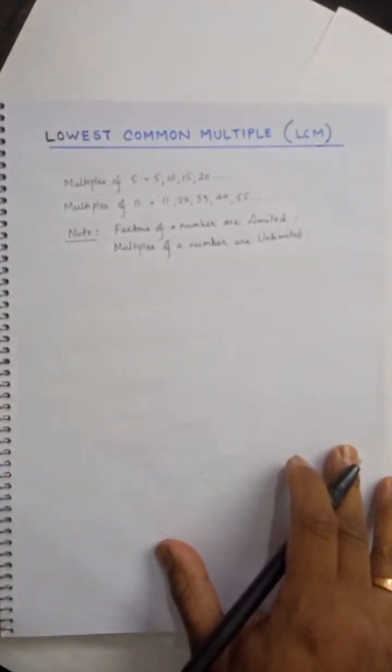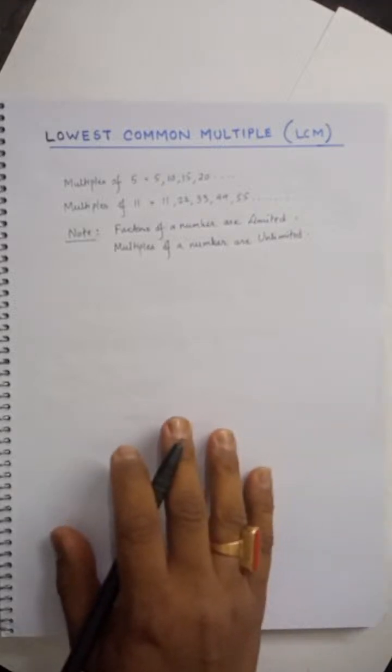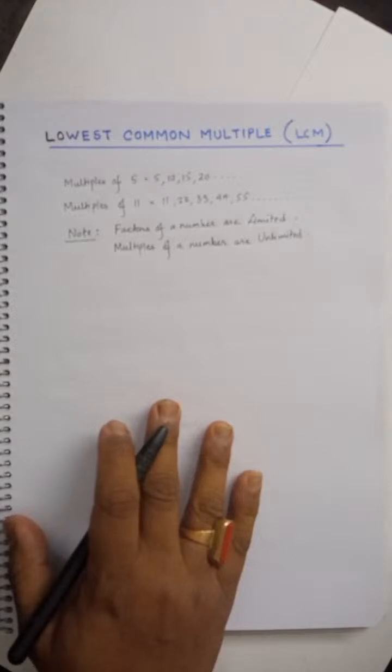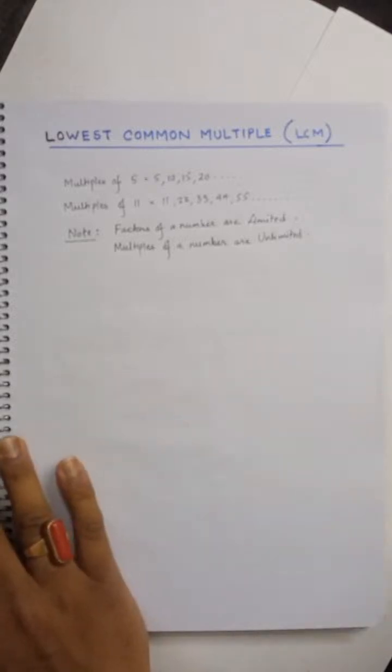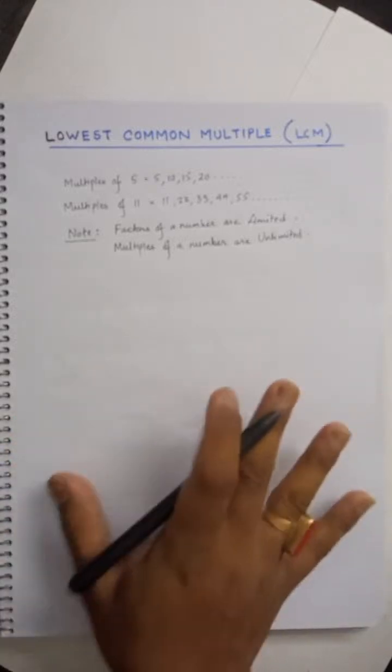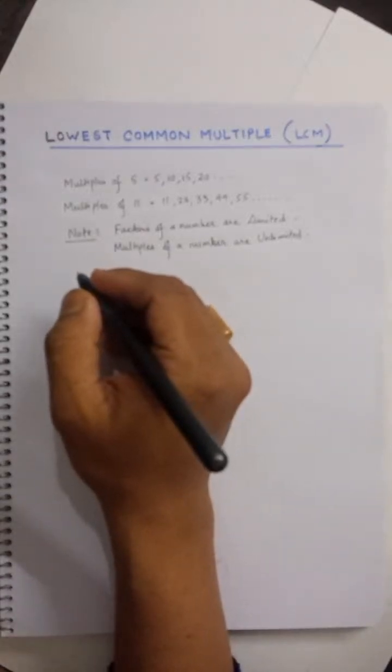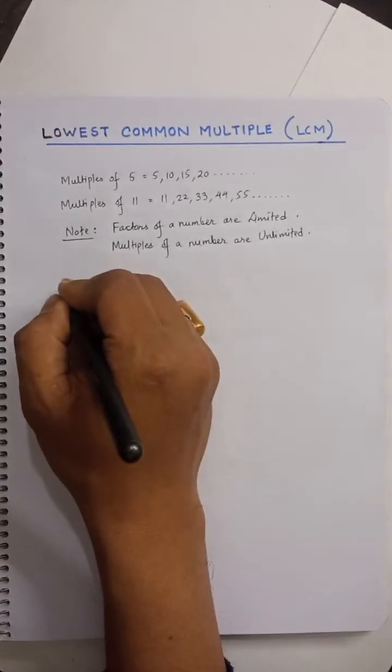So let us discuss the first method of finding the lowest common multiple. This is the prime factorization method. Same way, like if you remember from yesterday's stream, we will follow exactly the same steps. Okay, so let me write the heading: prime factorization method.